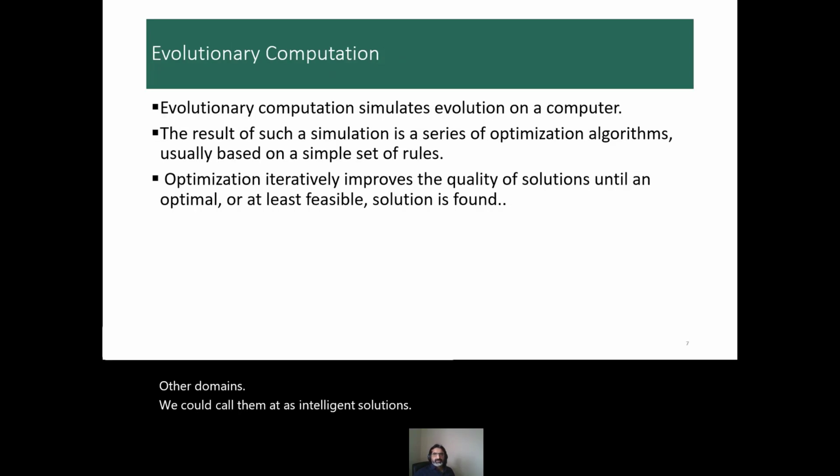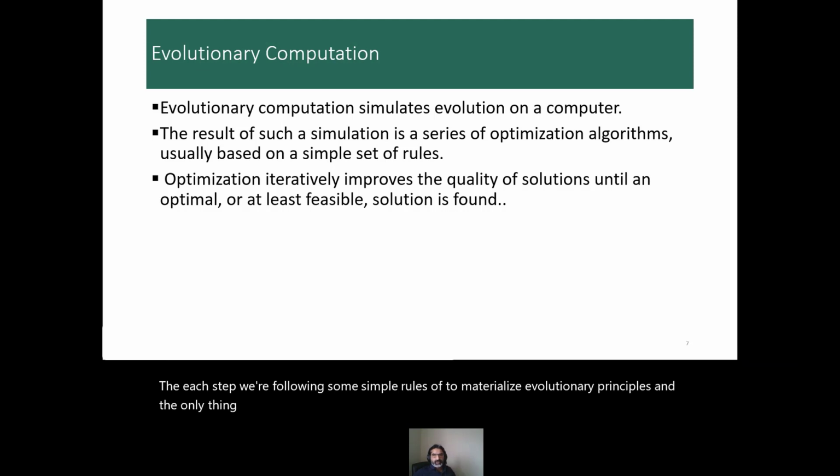So we are going to simulate this process. The result of the simulation is going to be a series of different steps and algorithms. In each step we follow some simple rules to materialize evolutionary principles, and the only thing we want to study and encode in our programs is their repeatability.